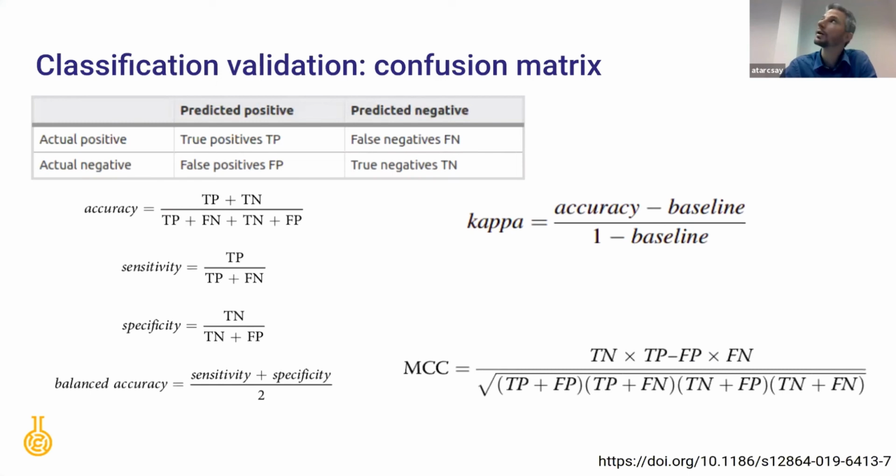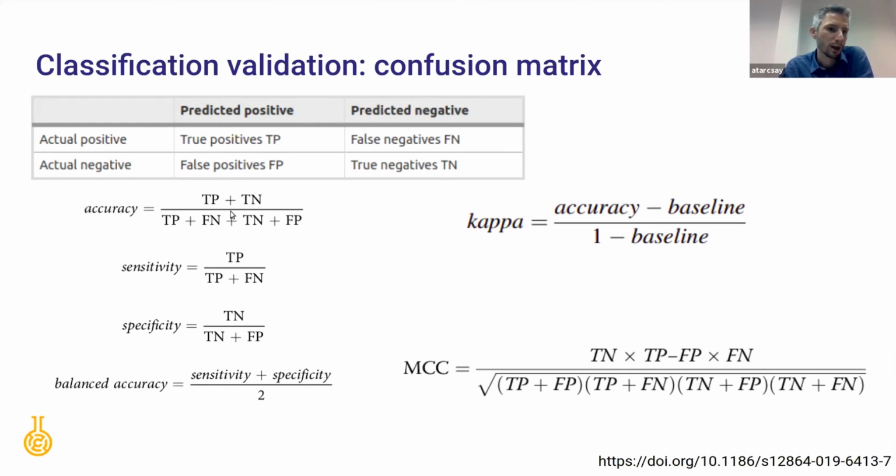And still about the validation of the methods, classification is also, so in prediction in general, there are two ways: regression and classification. In case of classification, in binary classification, the confusion matrix is used. You have actual positive and negative, predicted positive and negative.